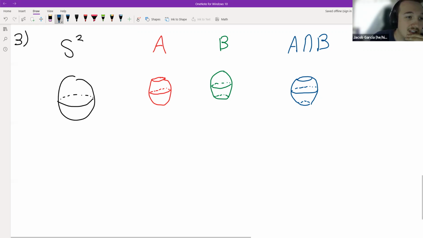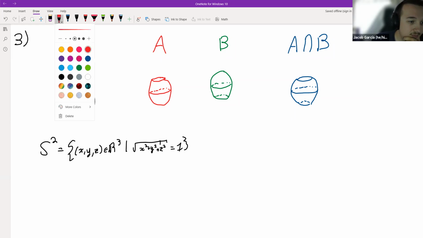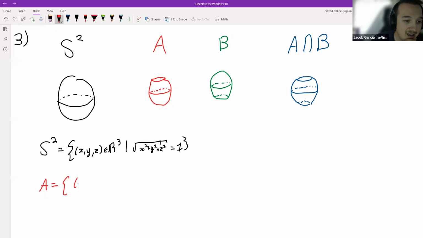So some people like this to be explicit, and so if I write S2 as the set of x, y, z in R3 such that the length is 1, then we can write A as, say, the xyz in the sphere such that z is less than or equal to 1/2.